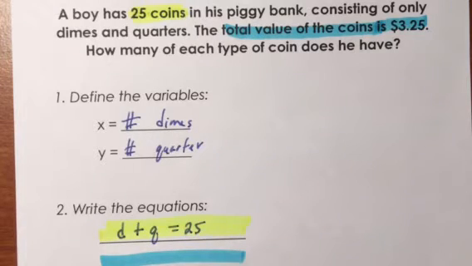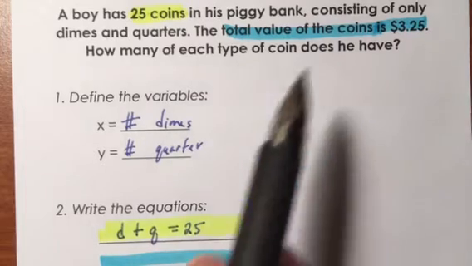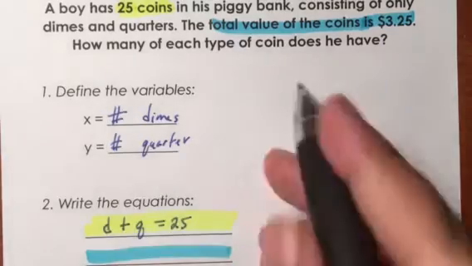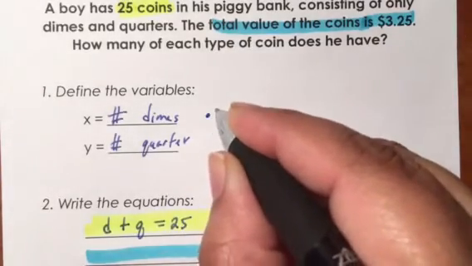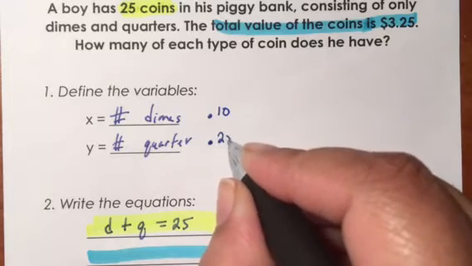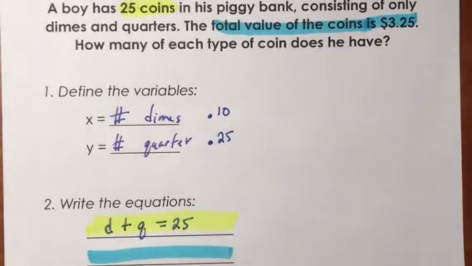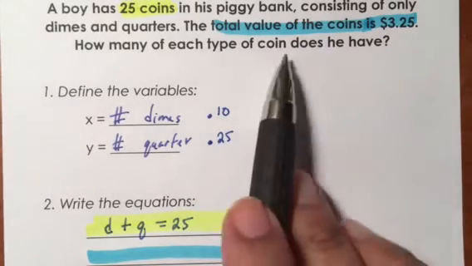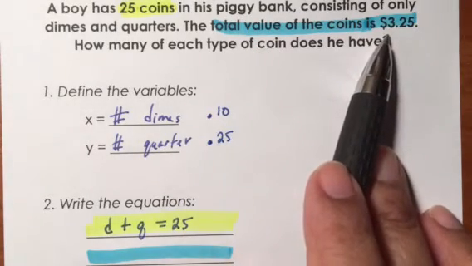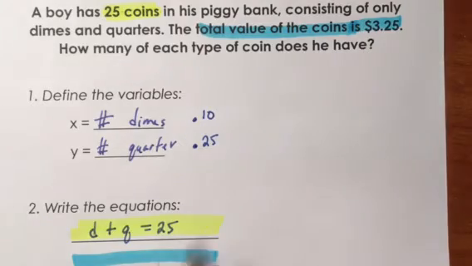So this is where it might confuse you on this one, because it doesn't necessarily say how much a dime is worth and how much a quarter is worth, but you should know that a dime is 0.10 and a quarter is 0.25. So if you look, this is saying that the value of the coins is $3.25.